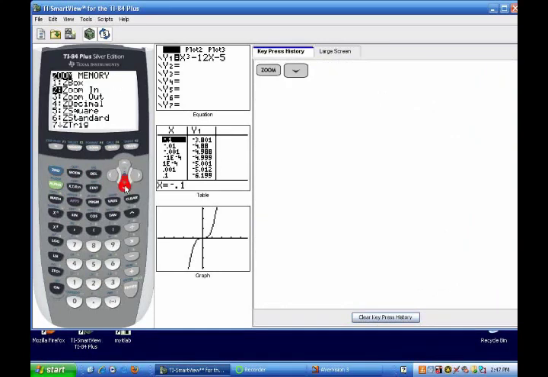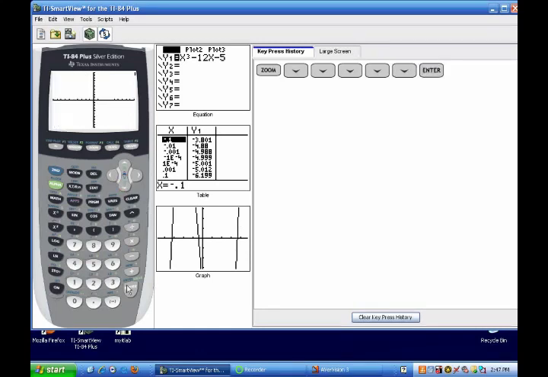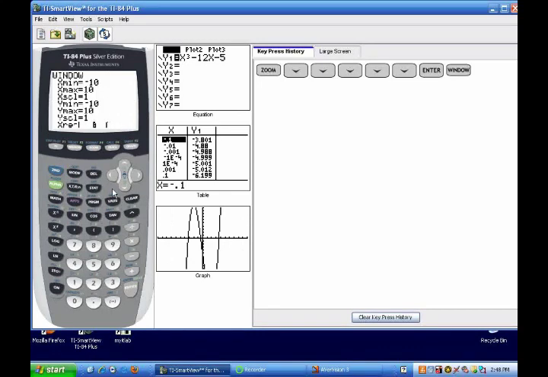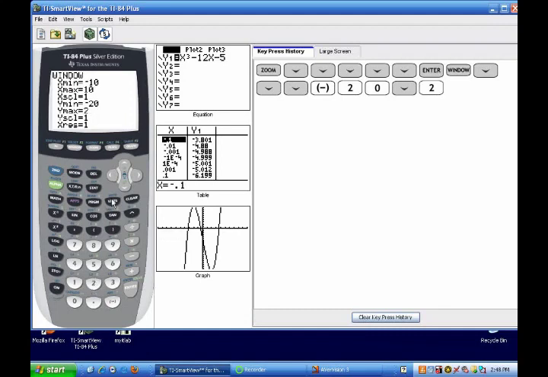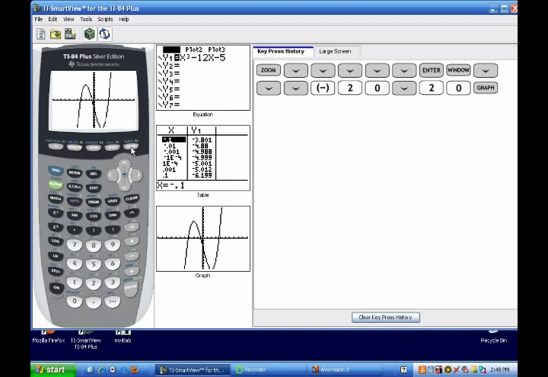And I'm going to do a zoom, standard, relatively small screen. That might not be a big enough screen. Let me get my vertical values a little bit higher and a little bit lower. Let's let this be a negative 20 and a positive 20. There it is. That's a little bit better.